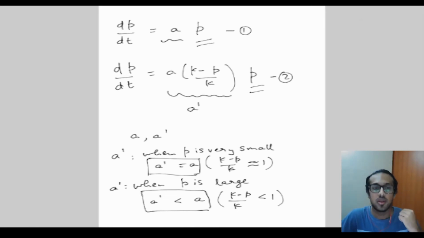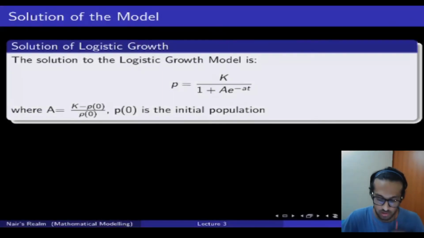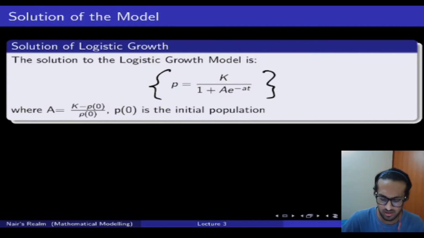That's cool. Now when P becomes large, when P reaches closer and closer to this carrying capacity K, then the growth rate slows down and we kind of get a stagnation in our graph. And the solution of the growth rate model, if you were wondering, is this. The name logistic growth actually comes from the solution, and I'll tell you why.